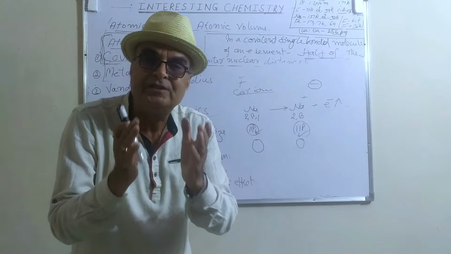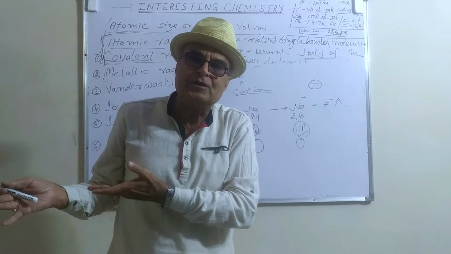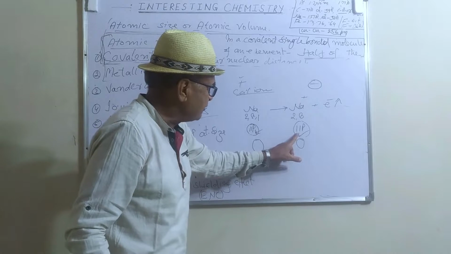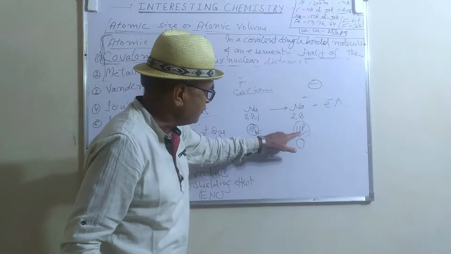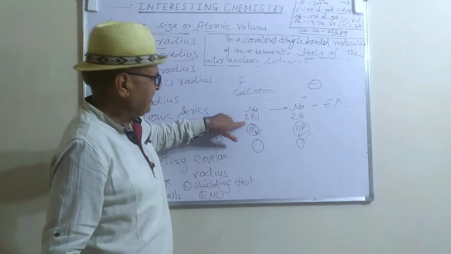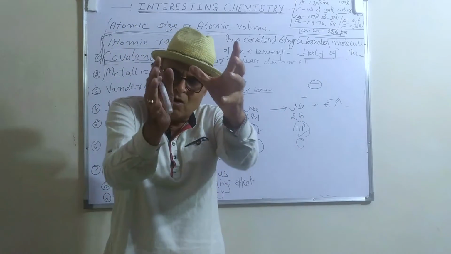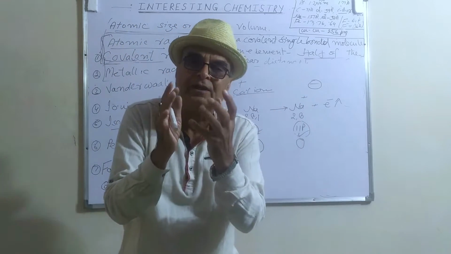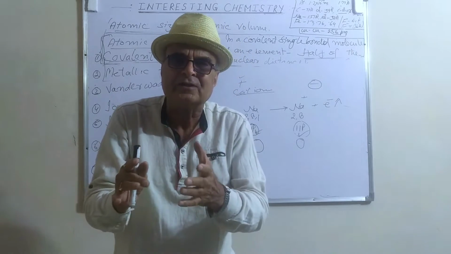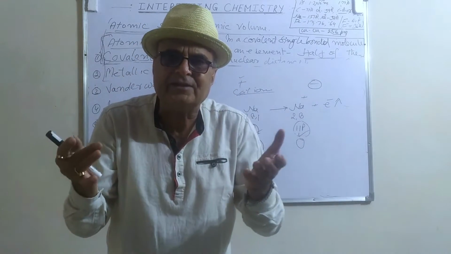Again I am using the term effective nuclear charge, which I explained in my previous video. The effective nuclear charge will increase because here are 11 protons and 10 electrons, and there 11 protons and 11 electrons. So the 11 protons attract the 10 electrons with more attractive force, so the size of the cation will decrease. Hence cations are smaller in size than the atom.